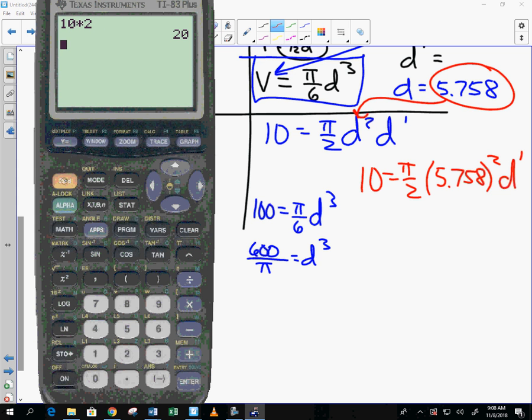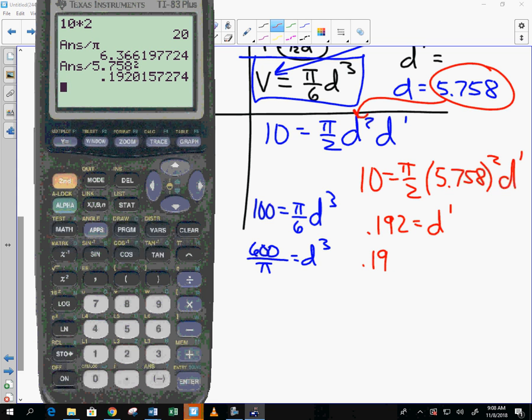I'm going to divide by the pi. I'm going to divide by 5.758 squared. And I get 0.192. 0.192 what? Centimeters per second. Very good. Excellent.